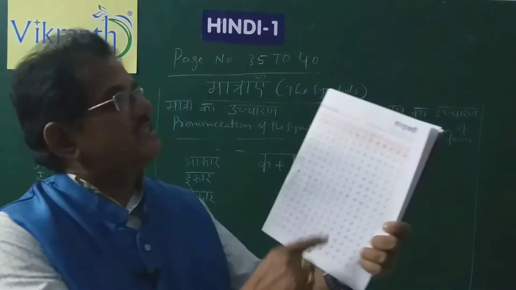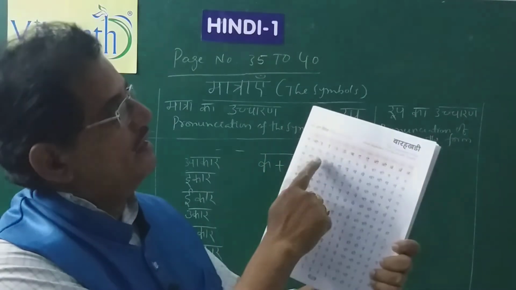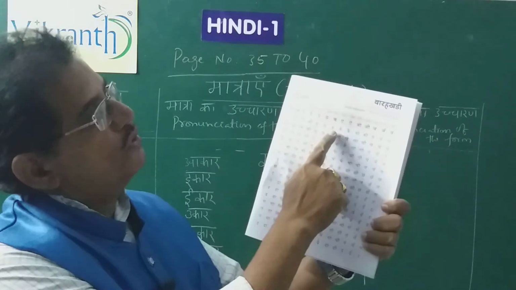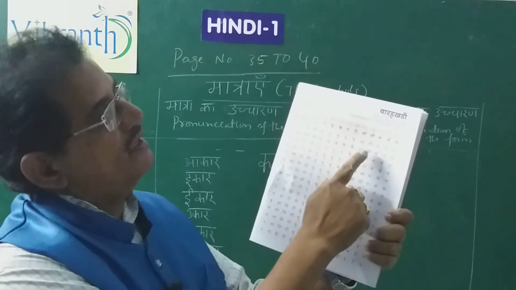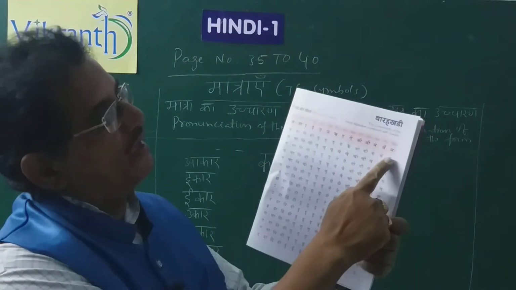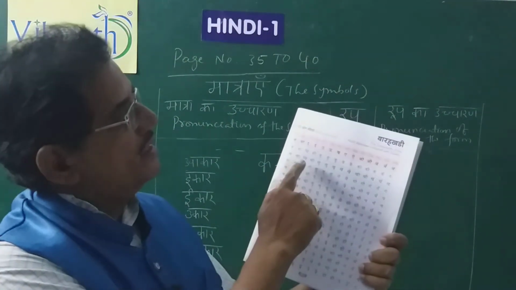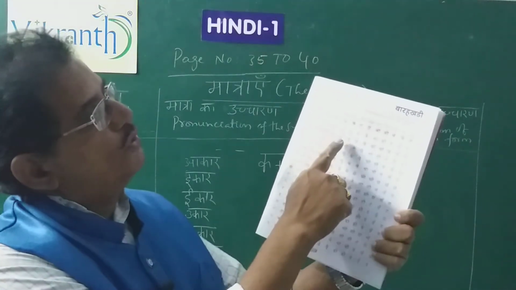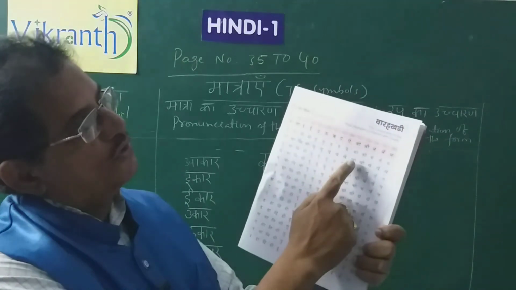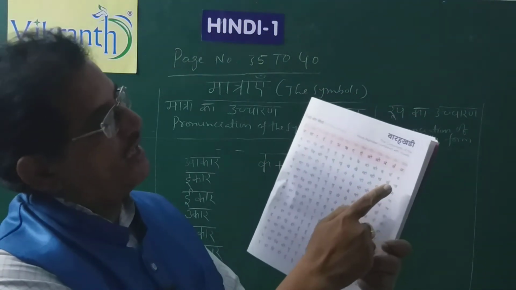You can see that there in the same way: ka, ka, ki, ki, ku, ku, kru, ke, kai, ko, kau, kam, ka, kaha. Kha, kha, khi, khi, khu, khu, kru, khe, khai, kho, khau, kham, kha, khaha.